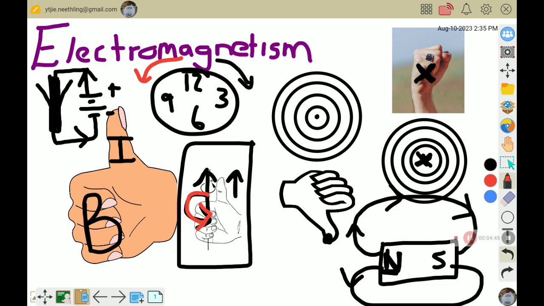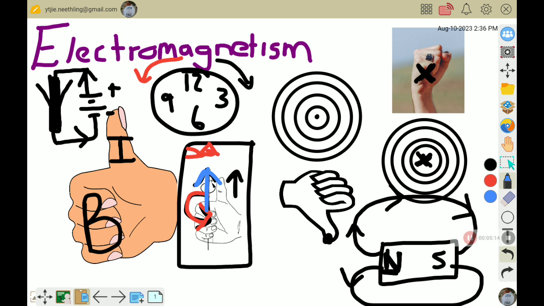If we could have looked from above at this picture, with our eyes there, we will see that that arrow, our current, will point upwards towards us. So out of a page actually.